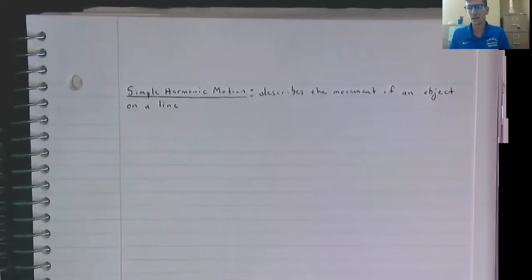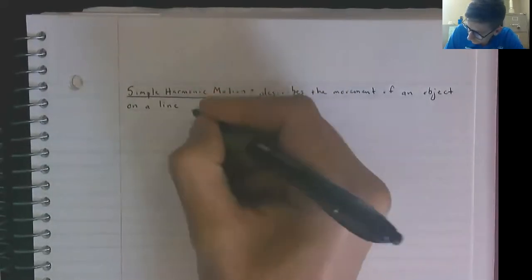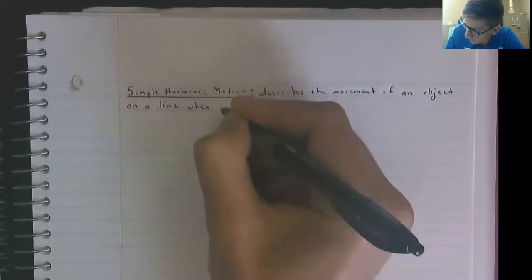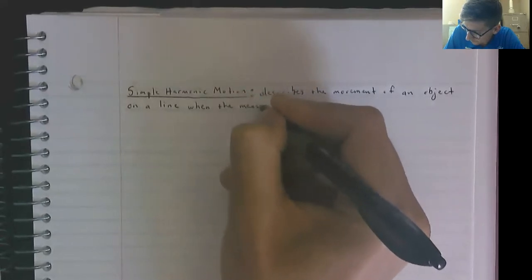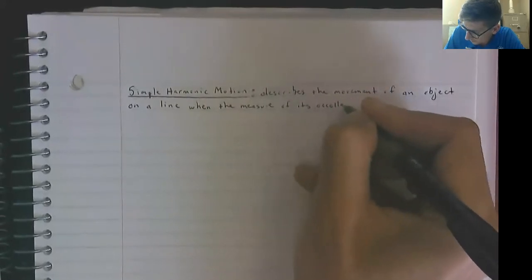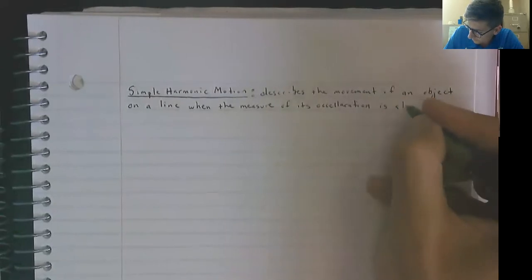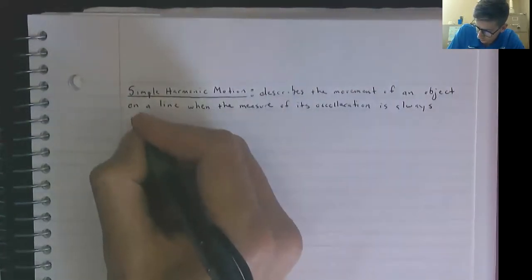The example that I'm going to show you in a second specifically is like a weight going back and forth on a spring. So picture that. You've got a weight, you pull it, and it starts going like that, either vertically or horizontally. Doesn't matter. So it's on a line, and then here's what makes it simple harmonic: that the measure of its acceleration, there's not two L's in that word, my apologies, acceleration is always proportional. Oh, we love proportional.